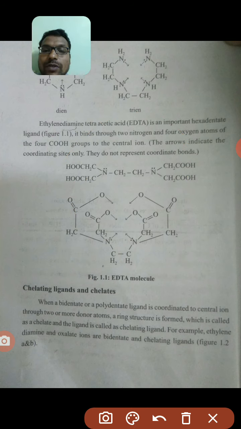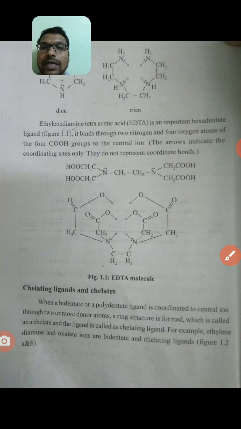Okay, we'll see an example for the chelating ligand. You can see here in this example ethylene diamine. Just now we explained ethylene diamine is an example of a bidentate ligand. In this example, what will happen here? It is donating to the central metal atom. So there is a formation of ring structure between the metal and ligand.